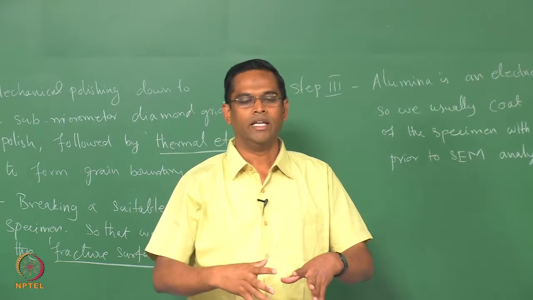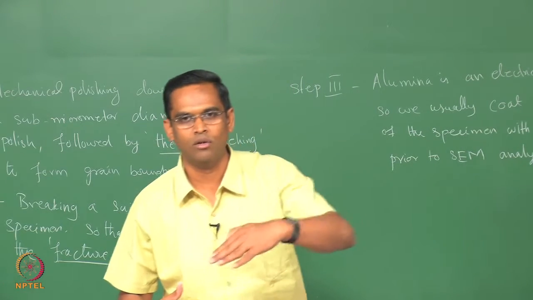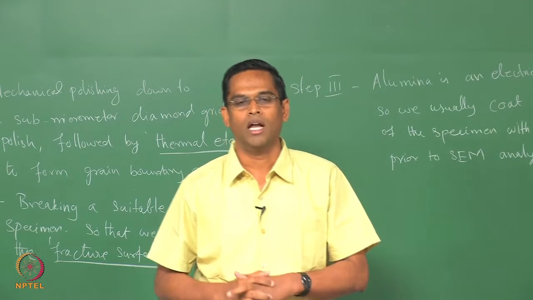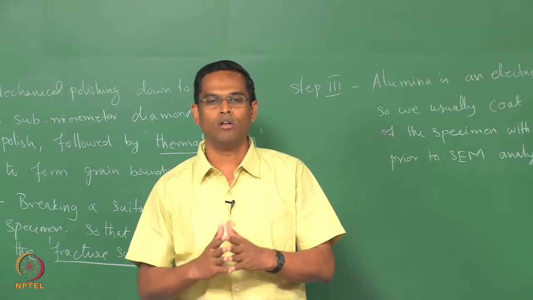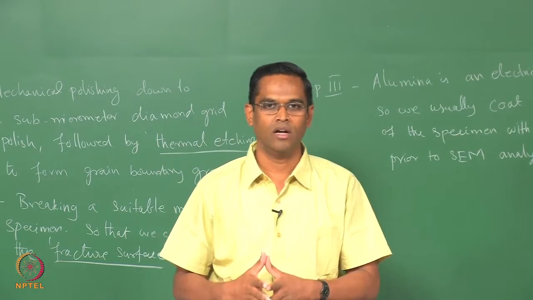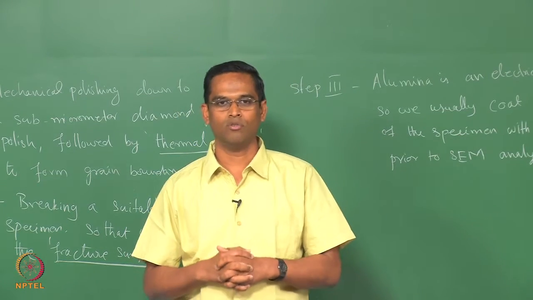So, the collection efficiency can be shadowed from some detector positions, and that is why these days you also have in-column lens or in-lens detectors or annular detectors which can effectively collect all the secondary electrons to form an image.